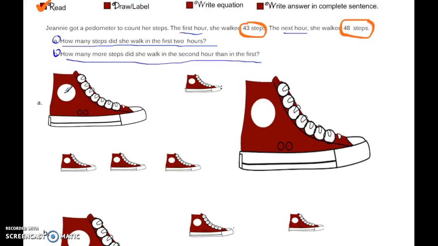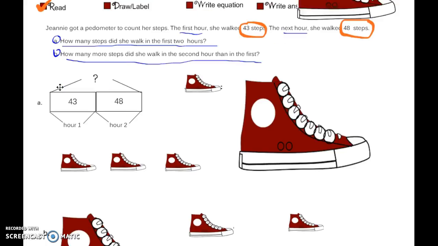If we think about this, how many steps did she walk in the first 2 hours? I know that I'm going to have to use the operation of addition. I know that one of my parts is 43 and one of my parts is 48. What I don't know is the total amount.